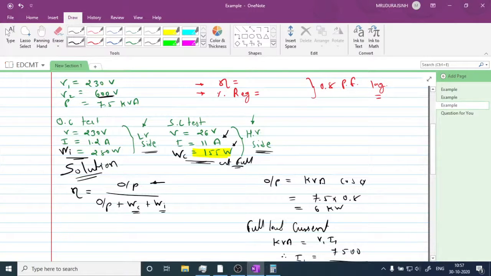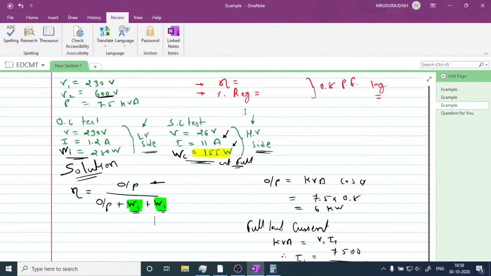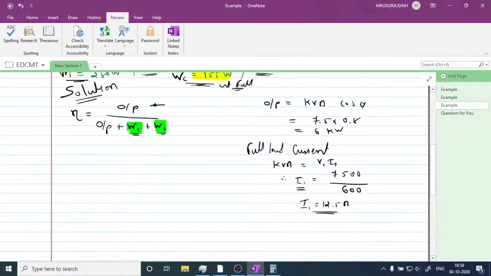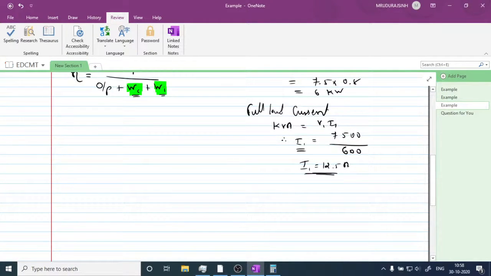This Wc is not the full load copper loss, and when we want to use this equation, we need to use the full load copper loss as well as the full load iron loss, but this is not the full load copper loss, and that we come to know using this equation, right? So the full load current is now known to us. So now we need to find first the full load copper loss, Wc full load.